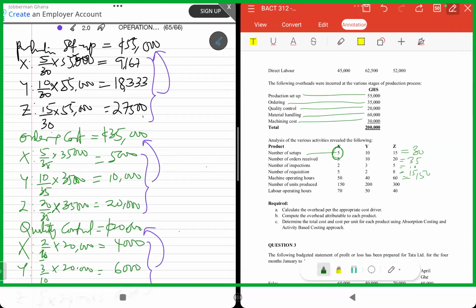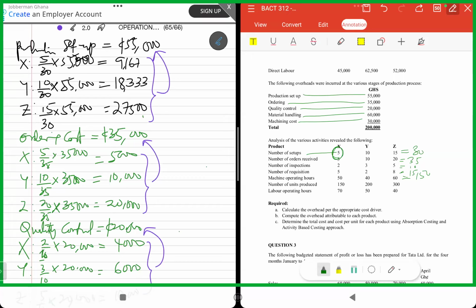If at the end they tell me the total they shared is 110,000, I gave you 100,000 to share. Where did you get the extra 10,000 from?